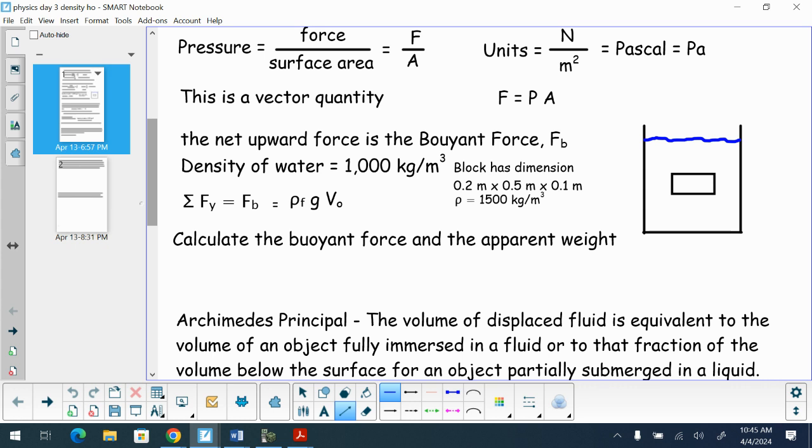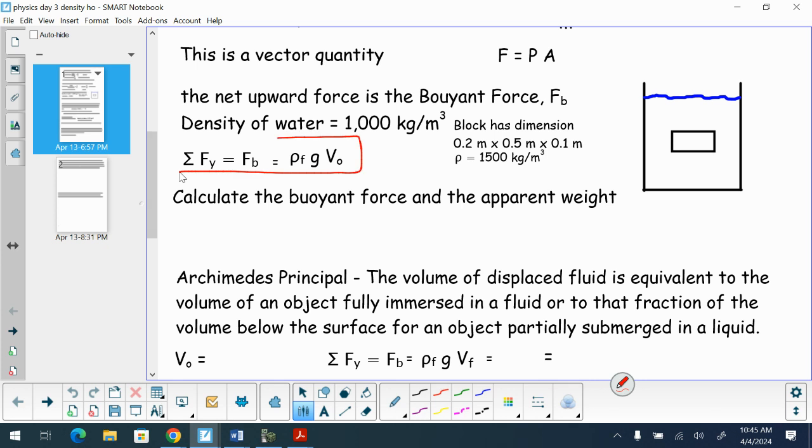What we talked about yesterday was, when you add your forces in the y direction, we can calculate a buoyant force here. If we look at this object, we have a force of gravity pulling downwards, but we also have this buoyant force pushing it upwards.